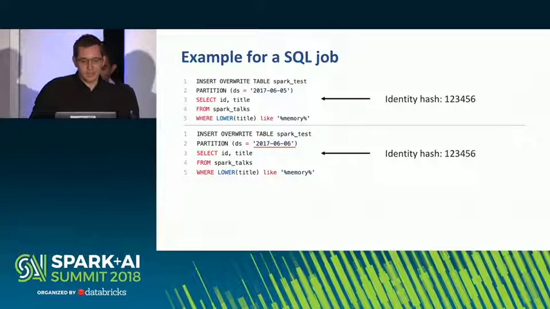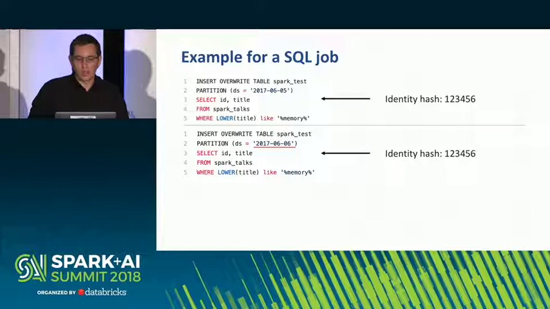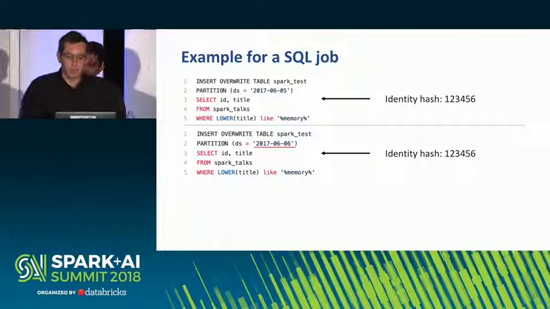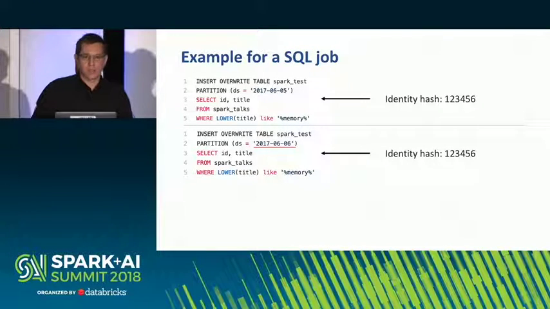And let's consider that the same job is running on the next day, and this time it's inserting into a different partition. It might be running on a different set of data, and it will be inserting into a different date partition, but we still consider this job as the same, and the identity hash doesn't change.